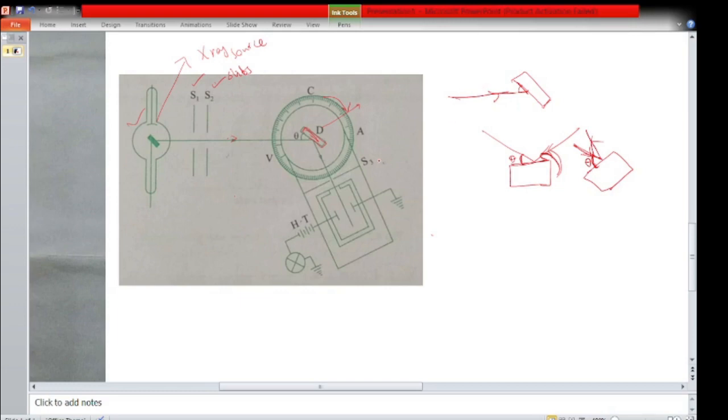You just rotate this turntable, so that this crystal will be rotated, and the angle of incidence can be changed. The crystal is rotated by means of that turntable, and we will increase the glancing angle at which the X-rays are incident at the exposed face of the crystal.